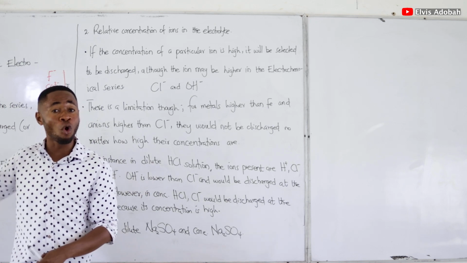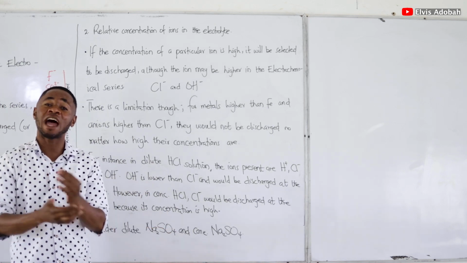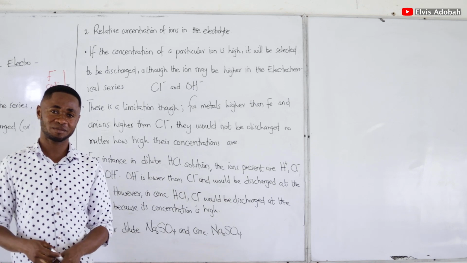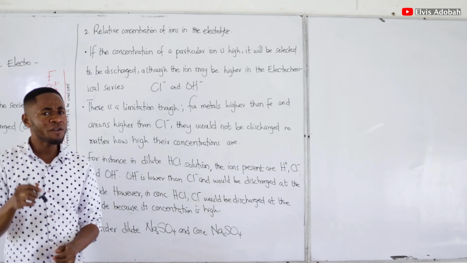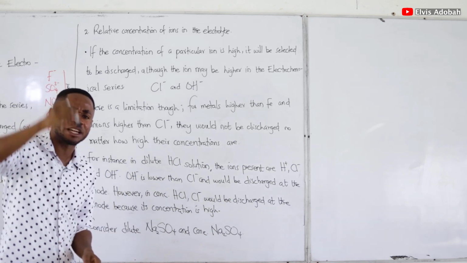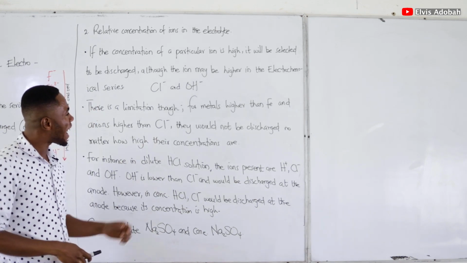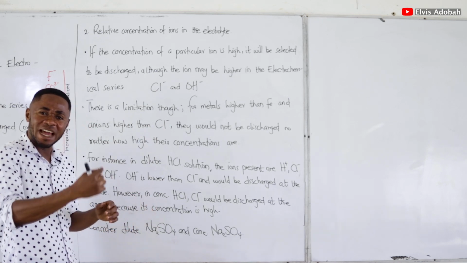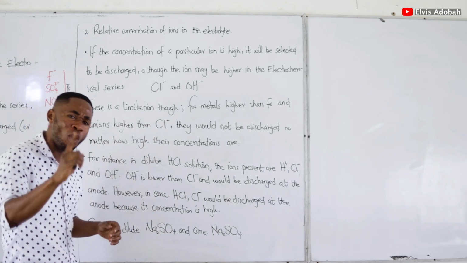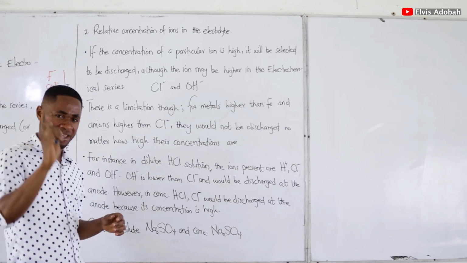The first factor will hold only when we have dilute solutions. However, if the solution is concentrated, then the other ion will be selected to be discharged, although that other ion might be high.